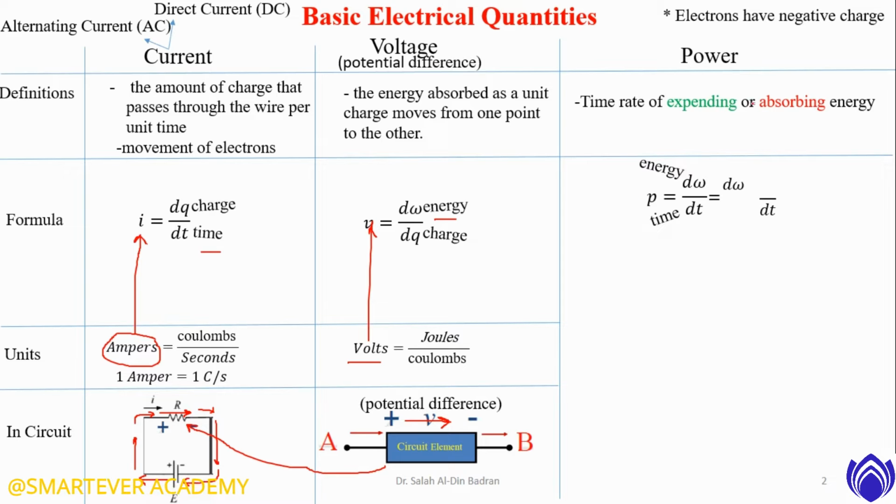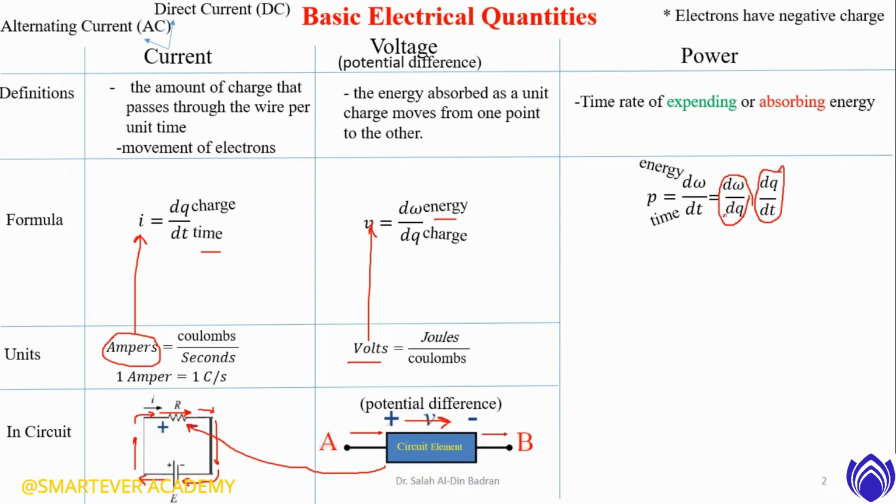We multiply the numerator and denominator by dq. Why did we do that? To extract the two quantities from the power.